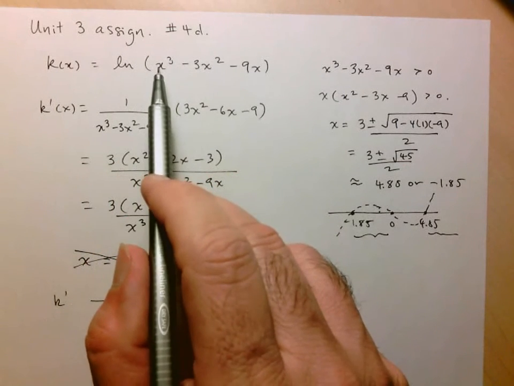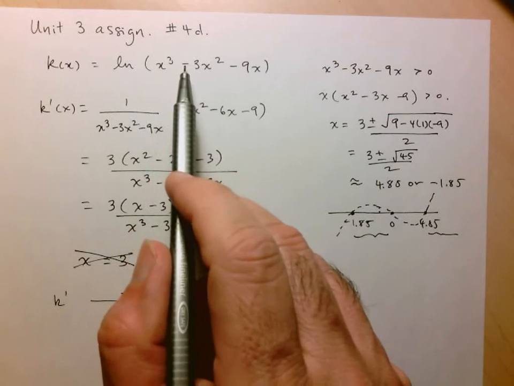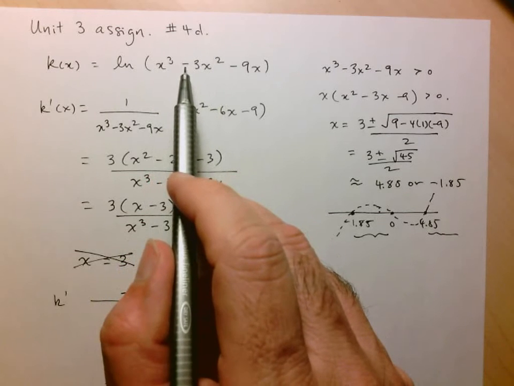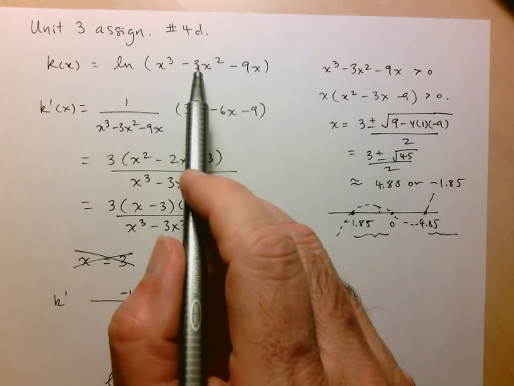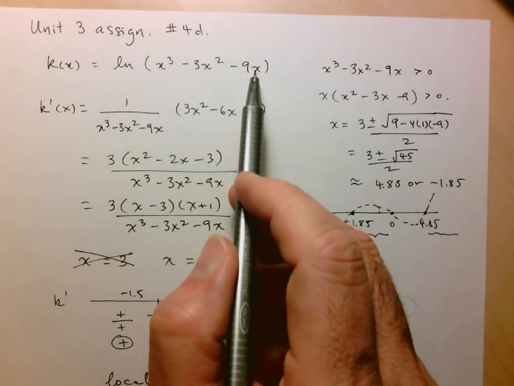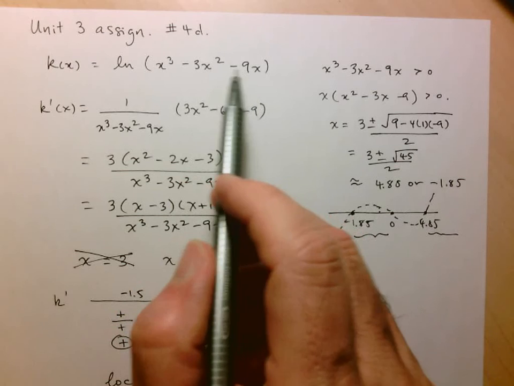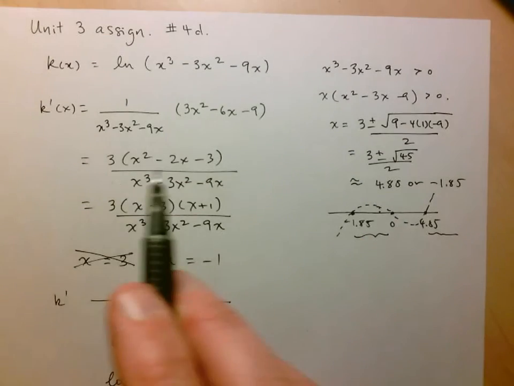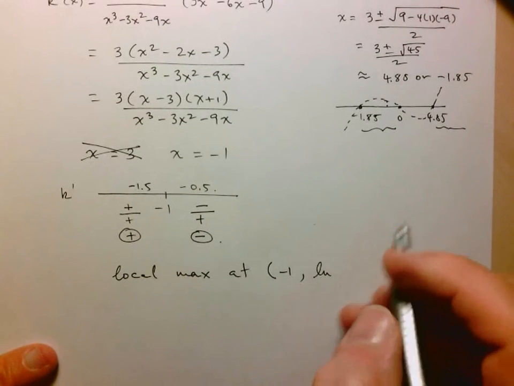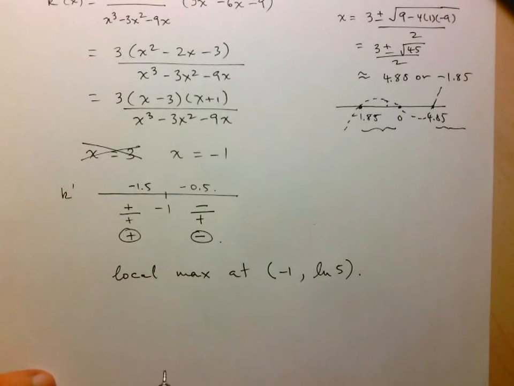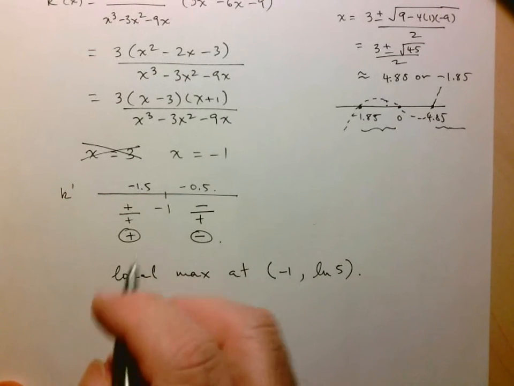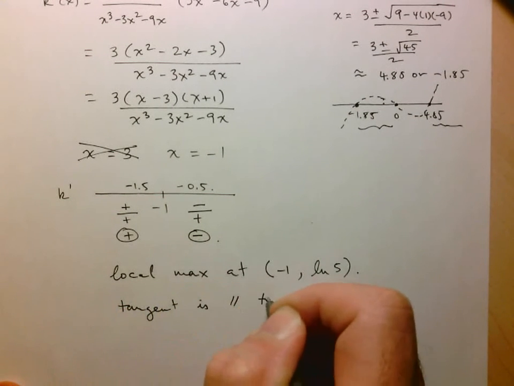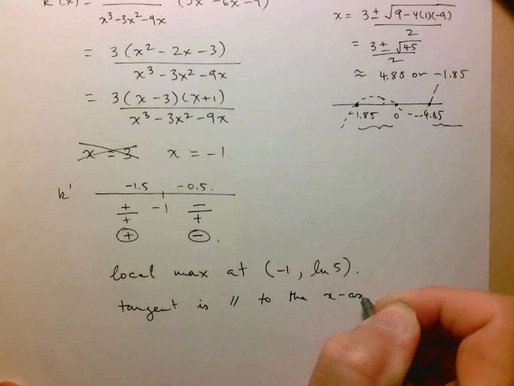So we have -1 cubed, which is still -1, minus 3 times -1 squared, that's +1, so -1 minus 3 is -4, and then minus 9 times -1, so that's going to be +9, so -4 plus 9 is equal to 5. So this is going to be ln 5.